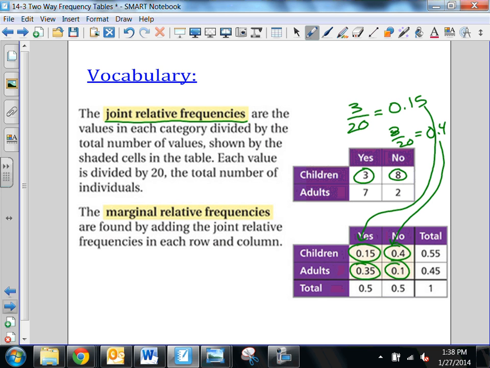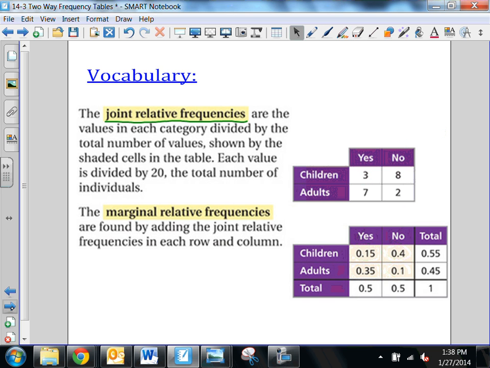So basically, you're kind of getting percentages for adults that said yes, and then adults that said no, so on and so forth, okay?